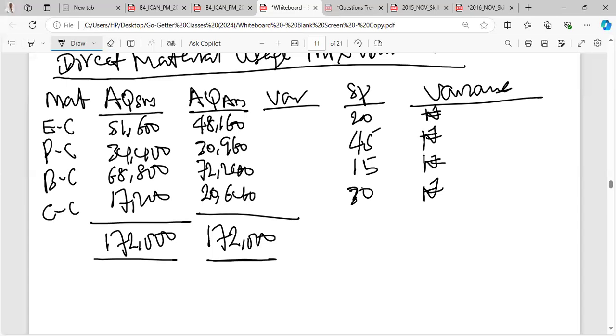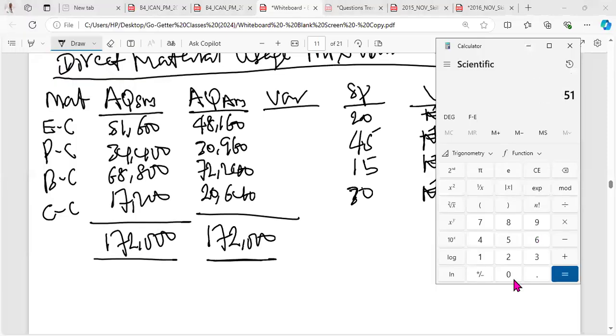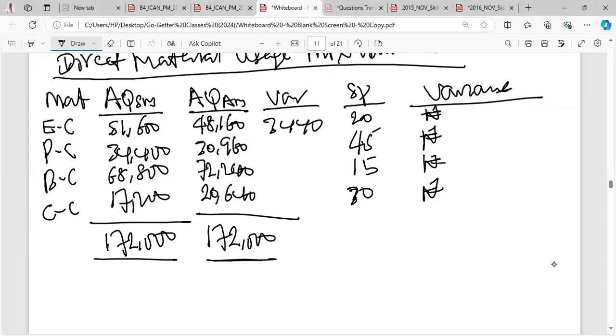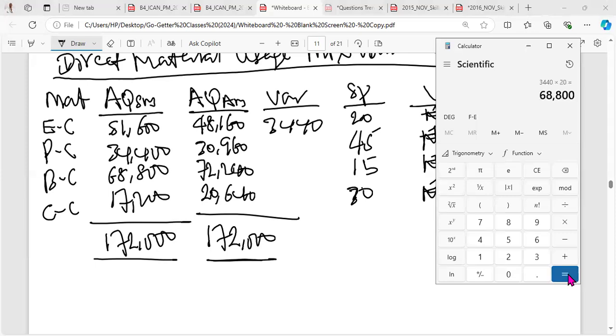We'll have the first one here: 51,600 minus 48,160. We have 3,440. Now multiply that by 20. Multiplied by 20, we have 68,800.